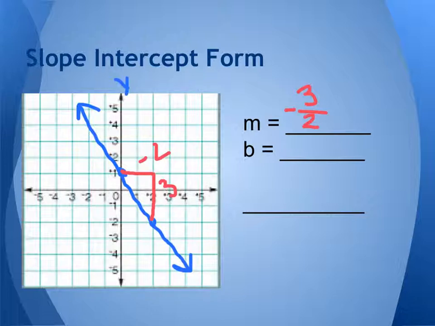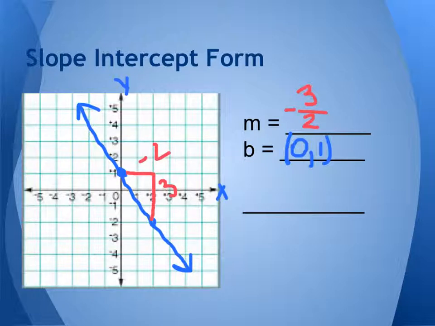Remember, the y-axis is the one that goes up and down. So right here, this point is going to be our y-intercept, where it crosses the y-axis. This line crosses at positive 1. That means our ordered pair is 0, 1. That is our y-intercept. Notice that the x value in that ordered pair is 0.